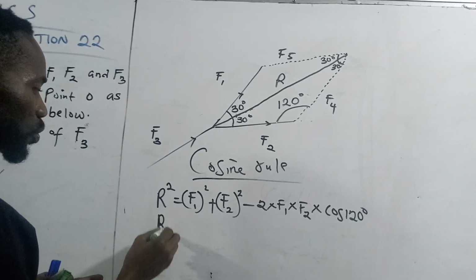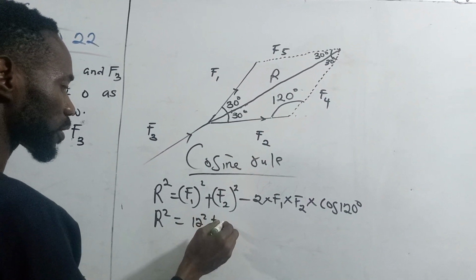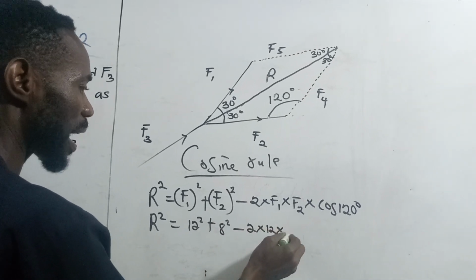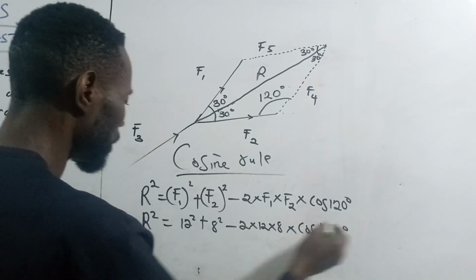So we have R squared equal to 12 squared plus 8 squared minus 2 times 12 times 8 times cos 120 degrees.